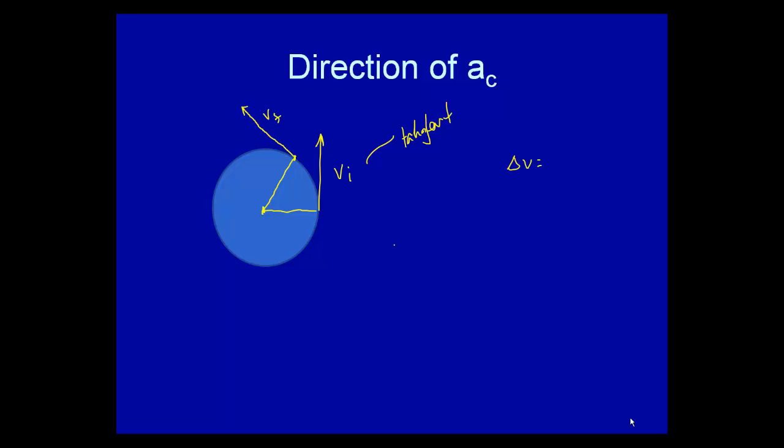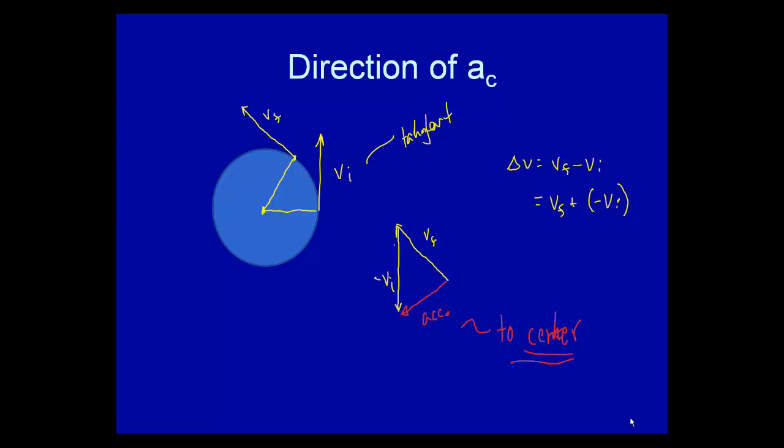Well, we know that change in velocity is acceleration, and that's equal to Vf minus Vi. I'm going to rewrite Vf minus Vi as Vf plus a negative Vi. I haven't changed anything, but I need to add vectors, so it's important to do it. First of all, I want to draw Vf. Then I'm going to add Vi to it, tip to tail, but in the opposite direction of the way Vi is.